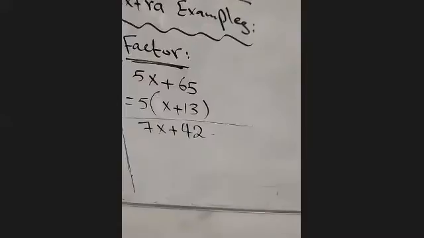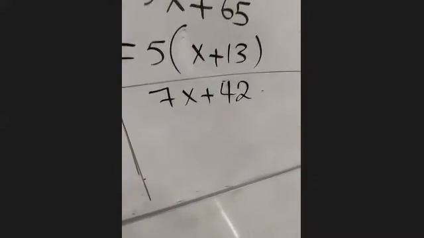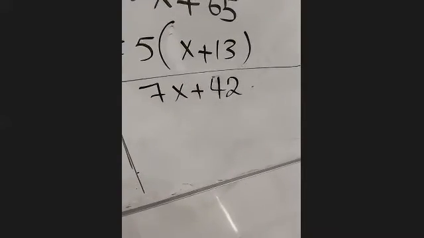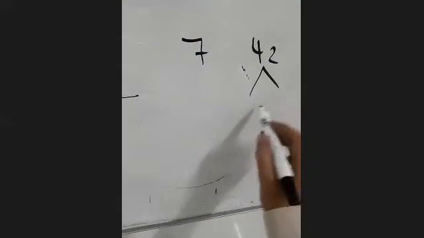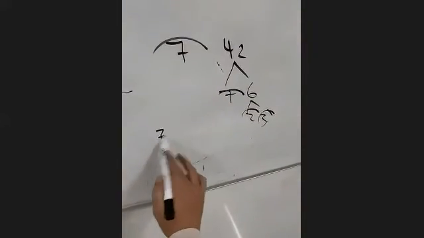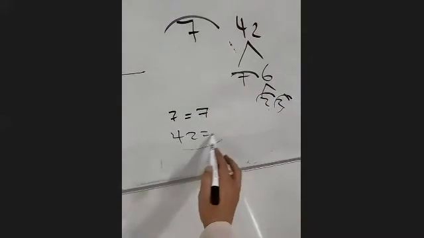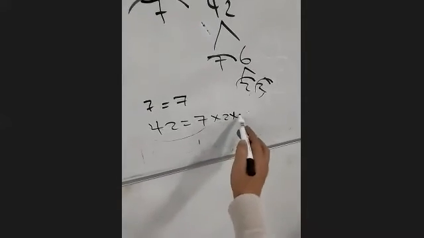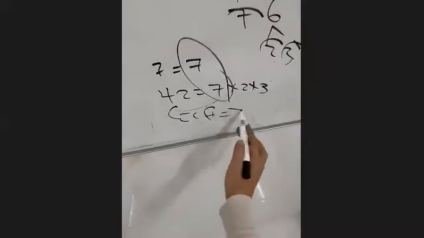So what will the GCF be for the 7 and the 42? The 7 is 7 by 1, right? The 42 is 7 by 2 by 3. What's the GCF? 7, only 7.